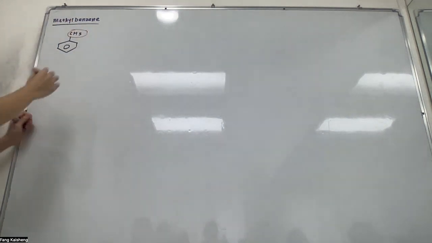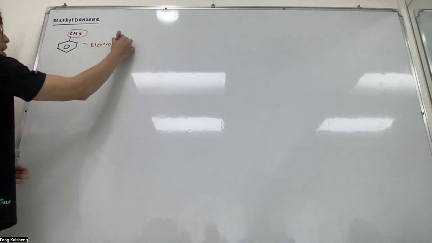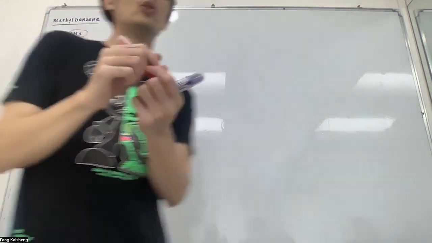Can we just specify what are the possible reactions on the benzene ring, or on this methyl benzene to be more specific? If it has a benzene ring with H's, that means it can undergo what reaction? Electrosub. Okay, good. On the other hand, I also have this alkyl group here. What possible reactions can an alkyl group undergo?